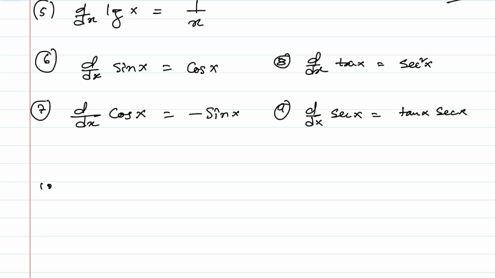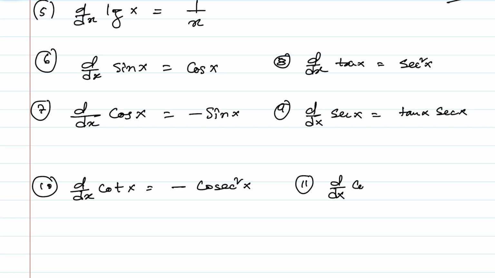Then number 10, derivative of cot x is minus cosec square x. And 11, derivative of cosec x is minus cot x and cosec x.